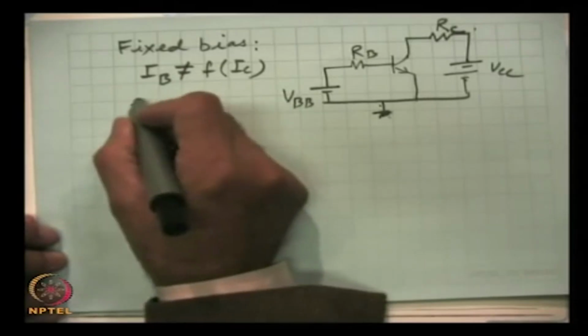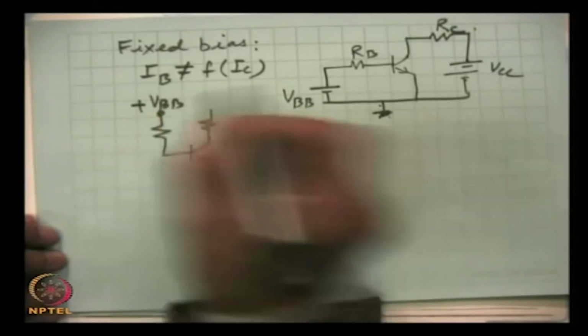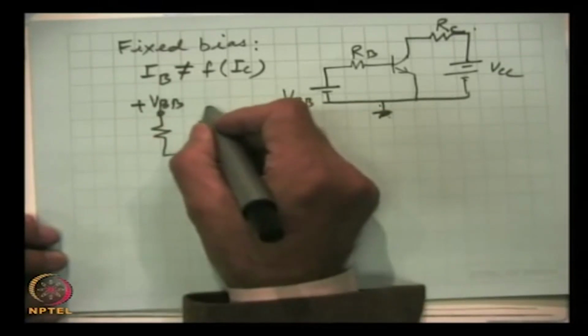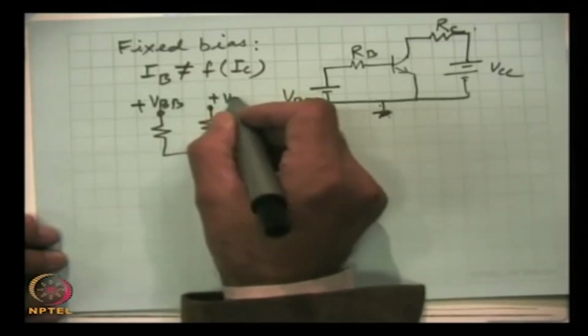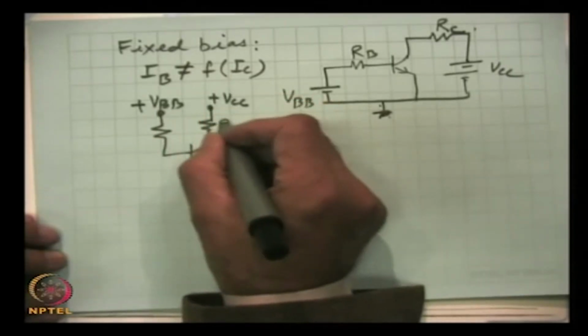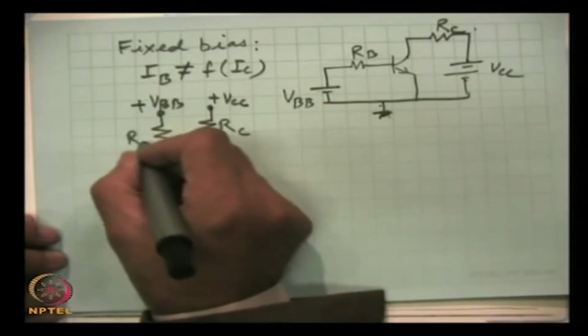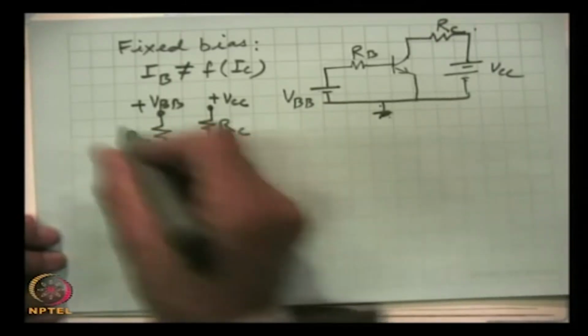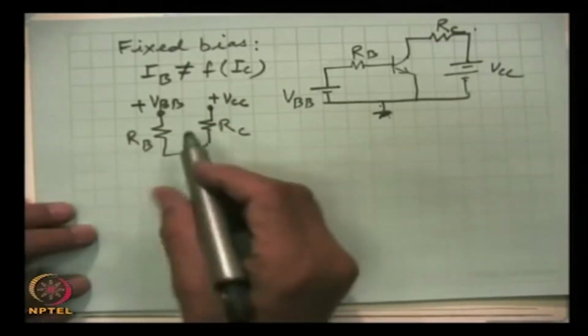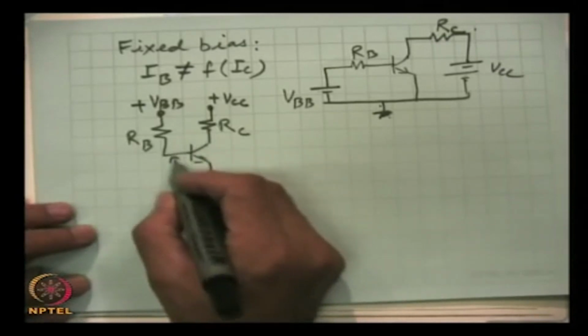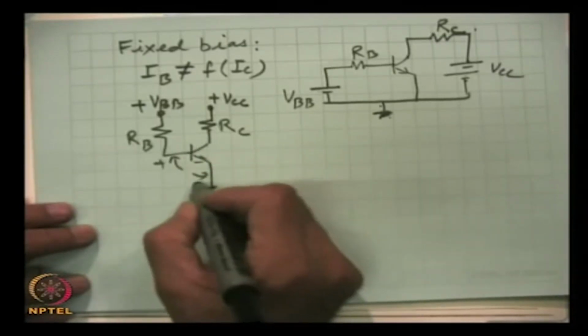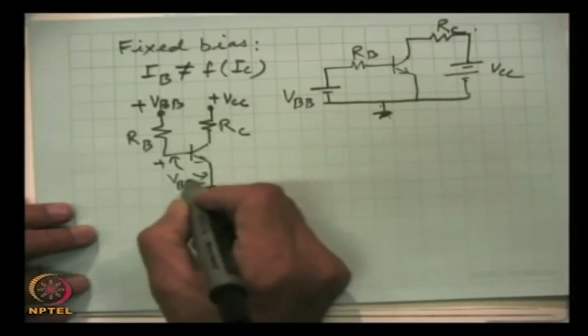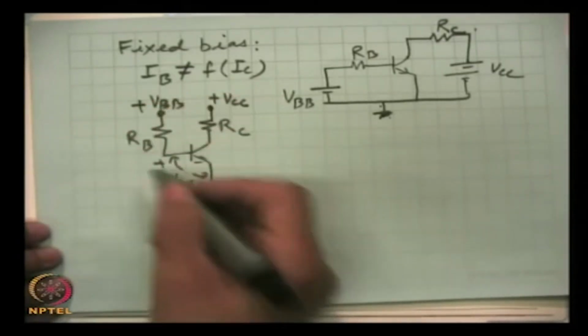Here this is plus VBB, this battery, and this is plus VCC, this is RC, and this is RB, and we can write down the expression for the input current. This is plus minus VBE, and this will be very simple.